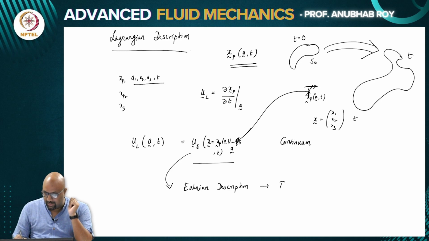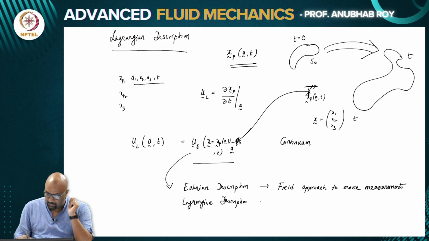So the Eulerian description gives us a field approach to make measurements, while the Lagrangian description gives you a particle or material approach to make measurements.